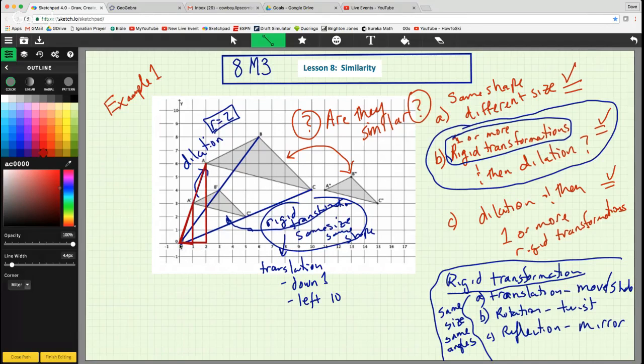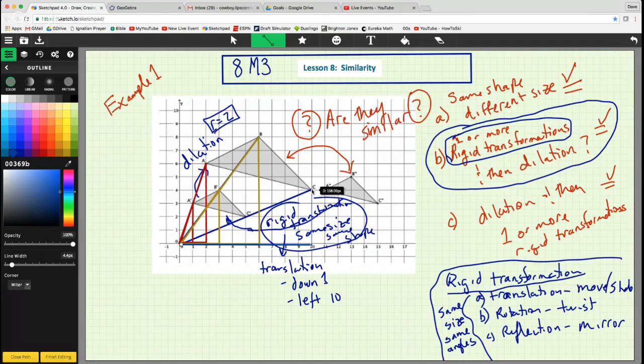And you can do a similar test with B, where you've gone 3 here, and so now you've doubled it to 6 in the X direction, and in the Y direction we've gone from 4 and doubled it to 8.